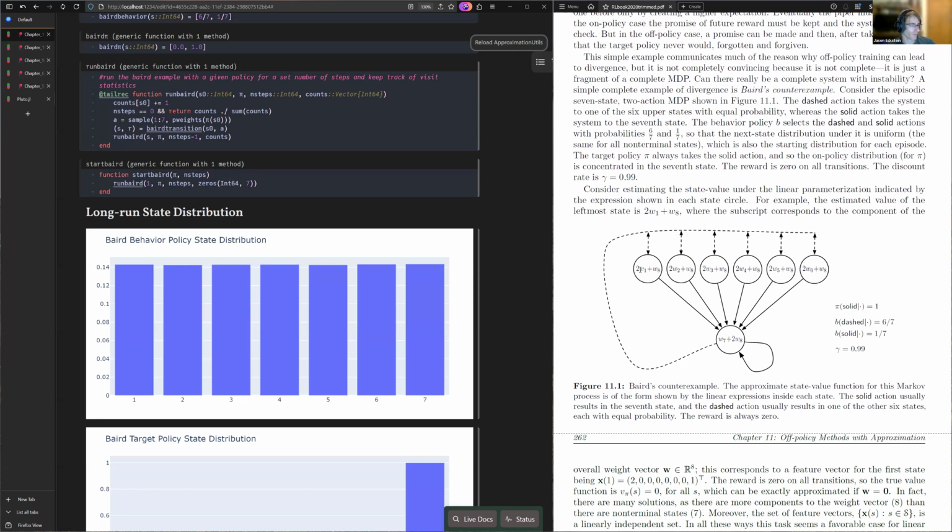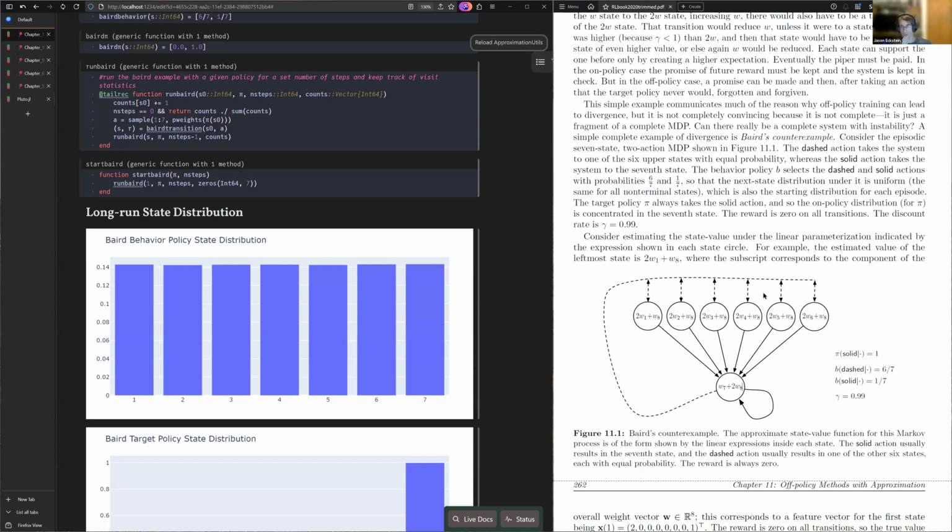But as long as W7 plus 2W8 is 0, we can set this for all of these, and this will produce something with absolutely 0 value error. And that's going to be true of both policies, because it actually doesn't matter what the policy is. The values are 0 regardless of the policy.